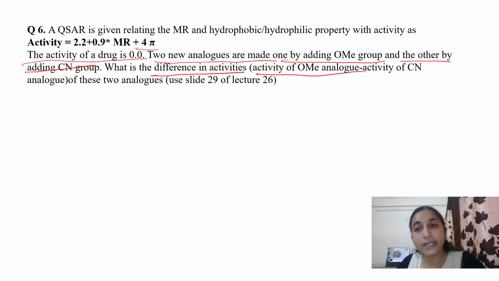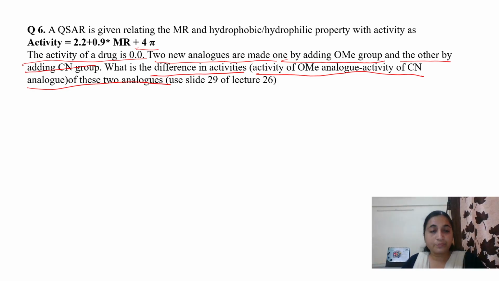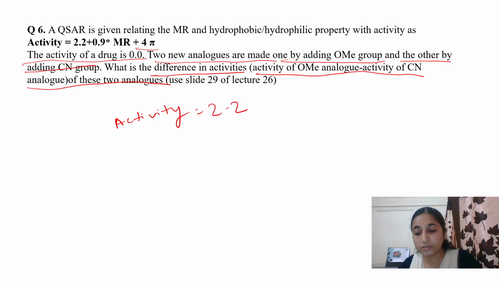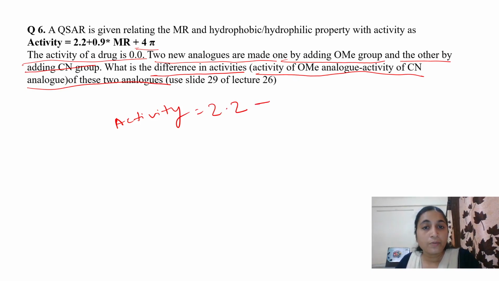Activity of OMe analog minus activity of CN analog. Previously, in the question itself, first it's given one formula: activity equals 2.2 plus 0.9 into MR plus 4 pi, right?